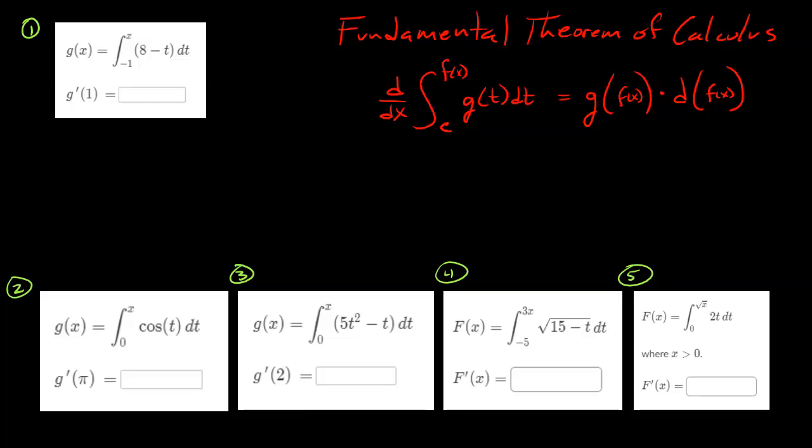Well, you'll see that f of x is up top, and then the function here is g of t. So what actually happens is when you cancel out the integral symbol with a derivative, this function goes in place of that letter. So you get g of f of x.